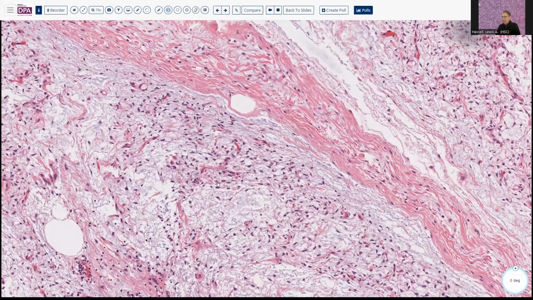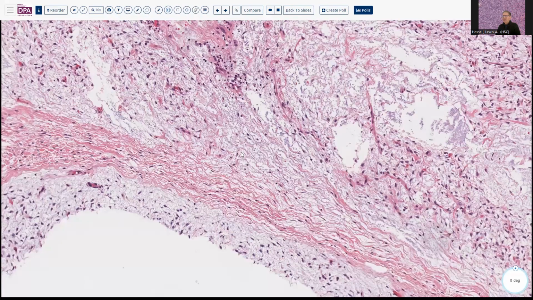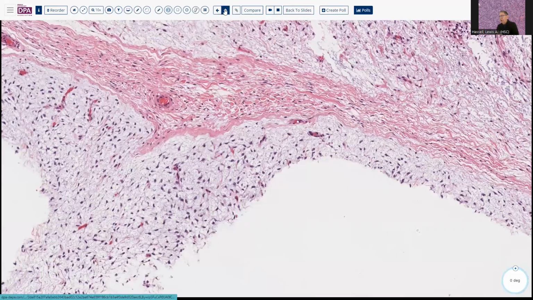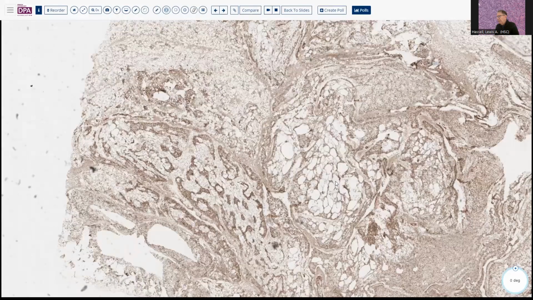Again, it's fibrillar protein. It's not a pleomorphic lipoma with a coarse ropey collagen and so forth. But the atypia here is quite minimal.